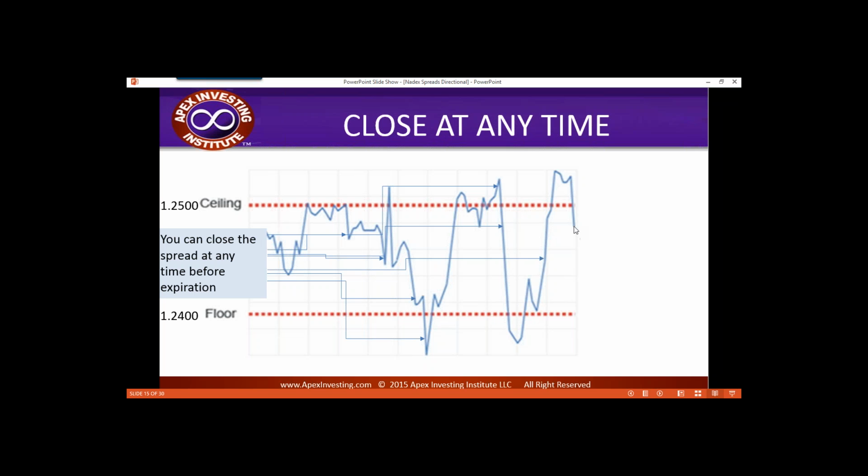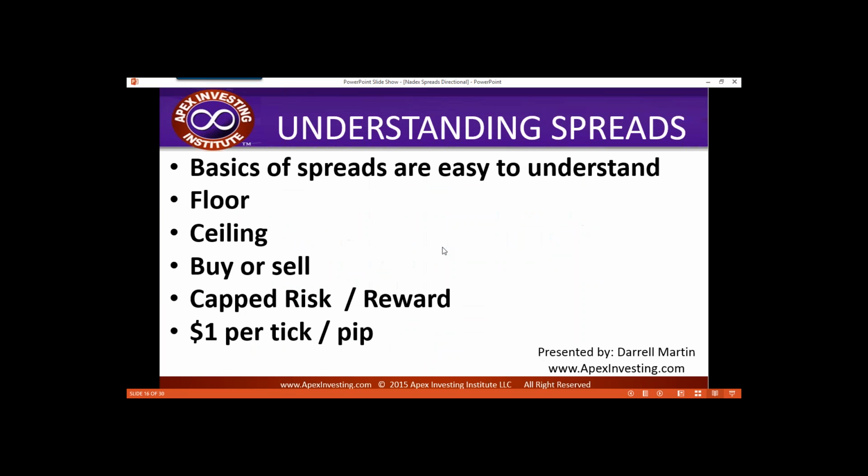If I bought at 2410 and it expired at 2480, then the difference would be 70 pips. So at expiration, what I'm going to make or lose is the difference of where I bought or sold compared to where it expired. So that's the basics of a spread.